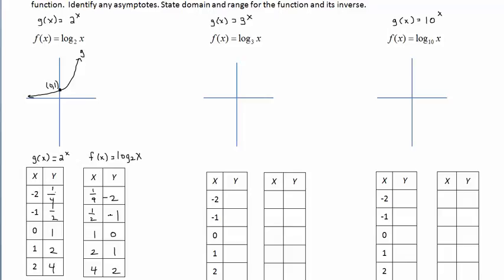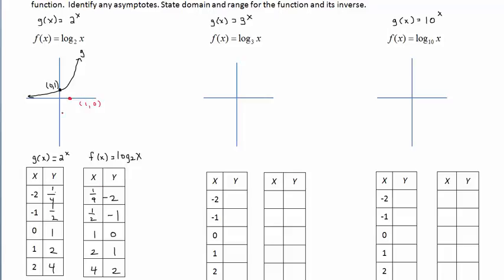Now we're going to plot these points, and I think I'll do this in a different color. I'm going to put the point 1, 0 here, so that I can plot the other points based off of 1, 0.